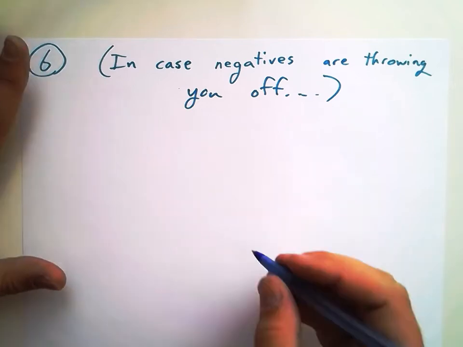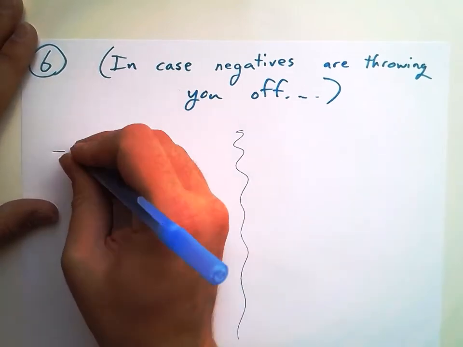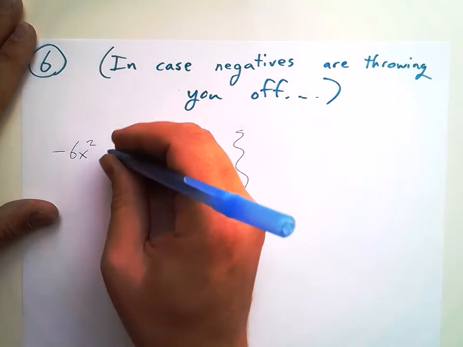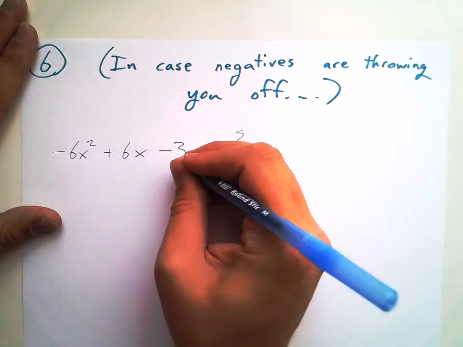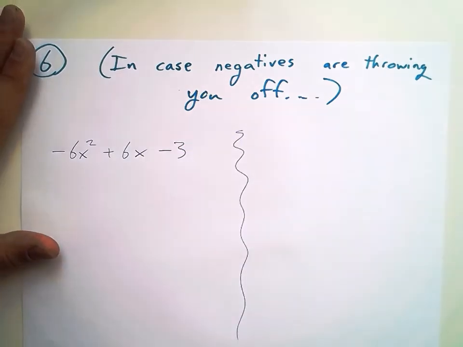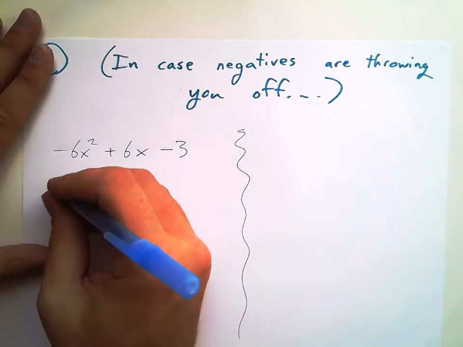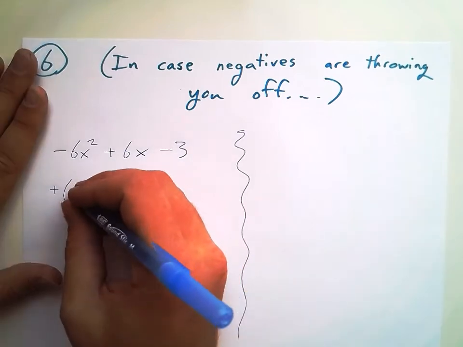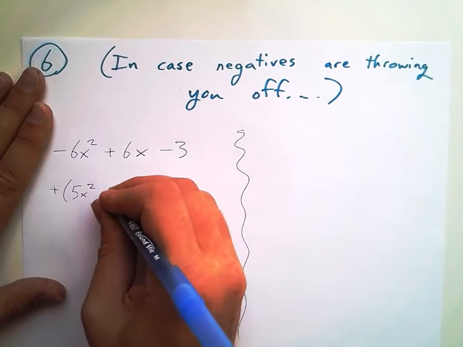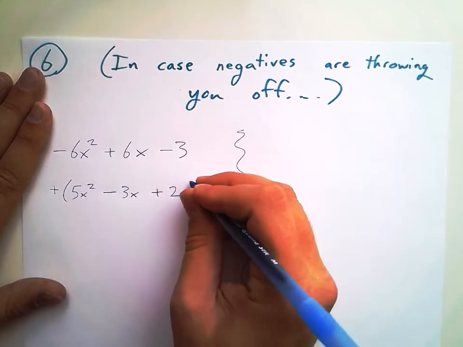So let's say that you have, in case you're ever getting confused, let's say you have negative 6x squared plus 6x minus 3, and let's say that you want to add this other polynomial of 5x squared minus 3x plus 2.